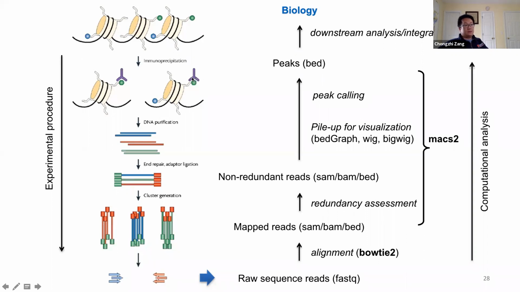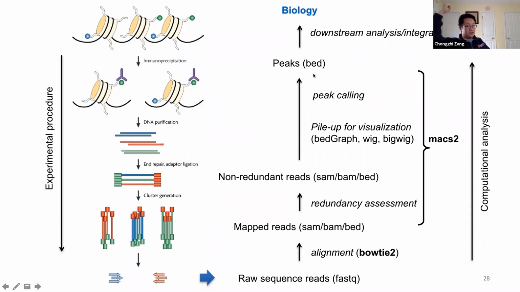If the antibody is very efficient and you did the experiment very well, you can capture a lot of protein-DNA interactions and obtain a lot of peaks in the genome.